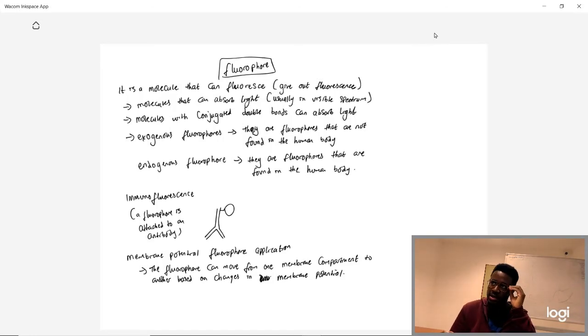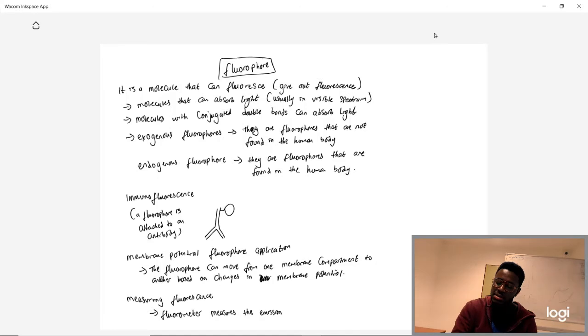The fluorometer measures fluorescence, usually the emission spectra, mostly, of fluorophores.